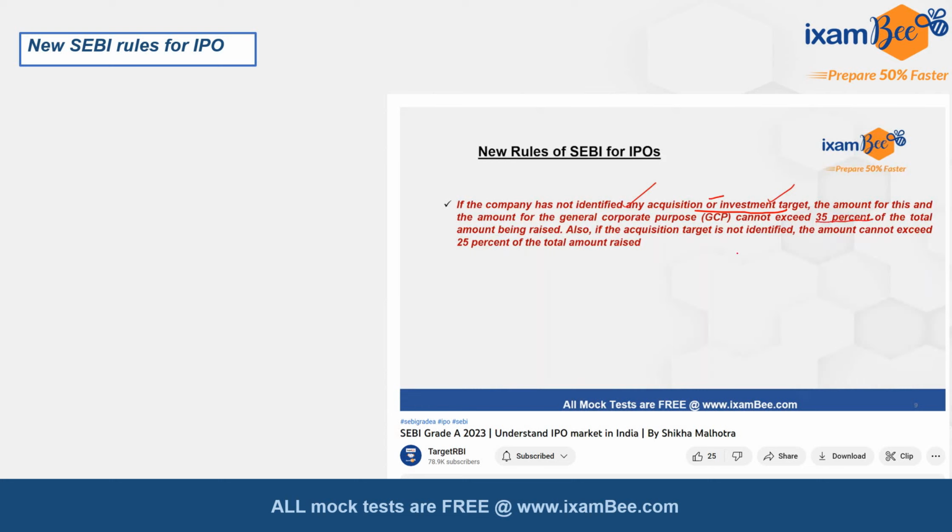And in case they have not identified an acquisition target, then the money to be spent on any acquisition cannot be more than 25%. So these new guidelines were there, and there were many more in terms of also monitoring the usage of these proceeds that have been raised.